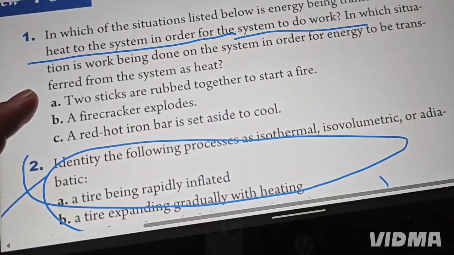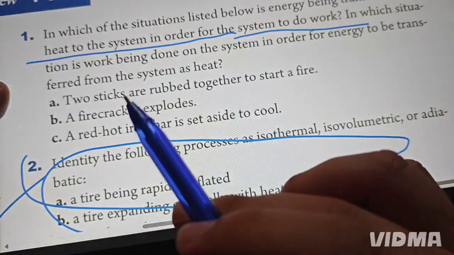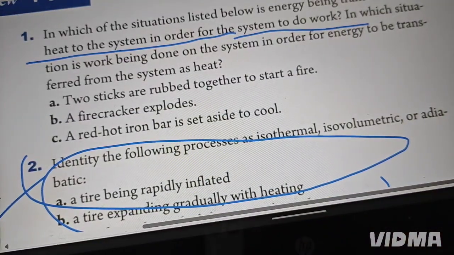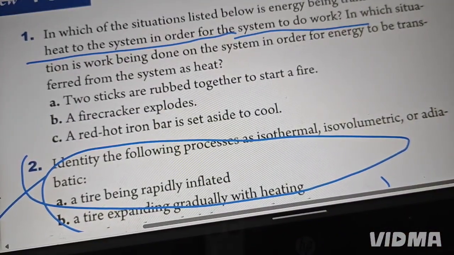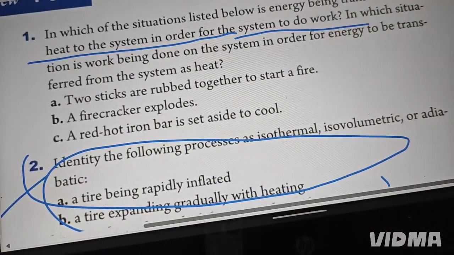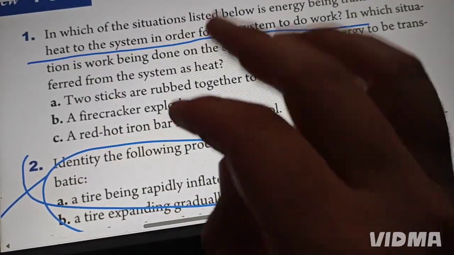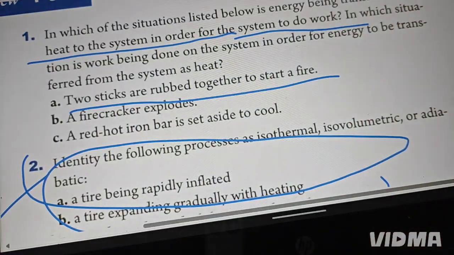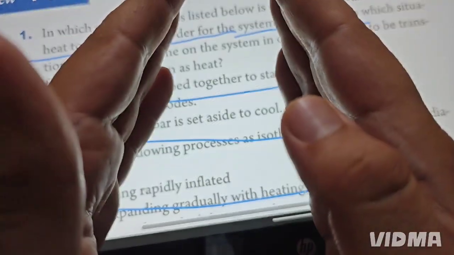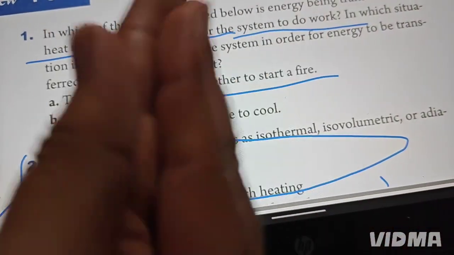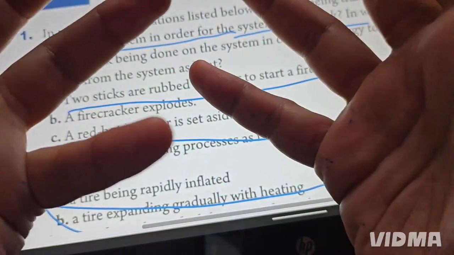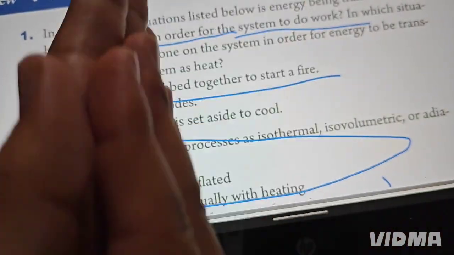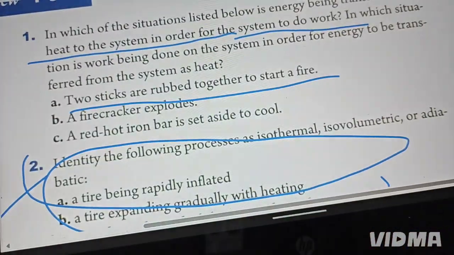For example, part A. Is work done first, or is energy transferred? Two sticks are rubbed together to start a fire. When you have two pieces of wood, we rub them to make a fire. First of all, we have done work. After that, we can make a fire.